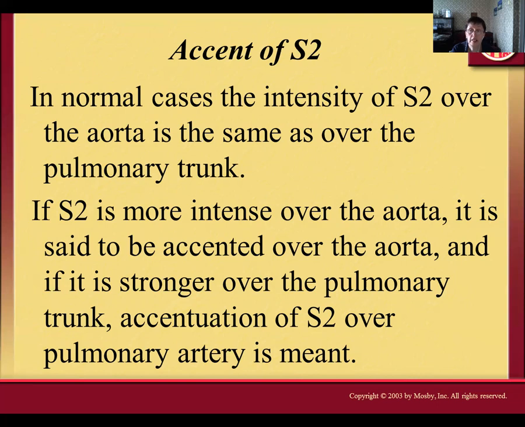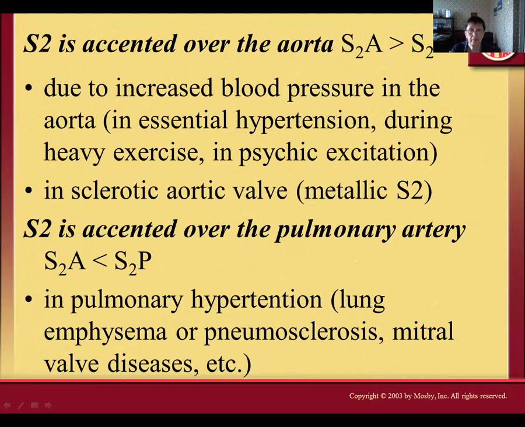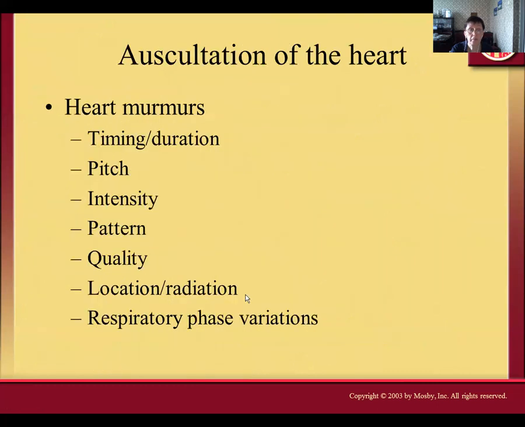If the pressure is elevated in aorta, arterial hypertension, it will be accent of S2 over aorta. In pulmonary hypertension, it will be accent of S2 over pulmonary artery. Well, you see this once more with such abbreviation, maybe it will be more understandable for you.